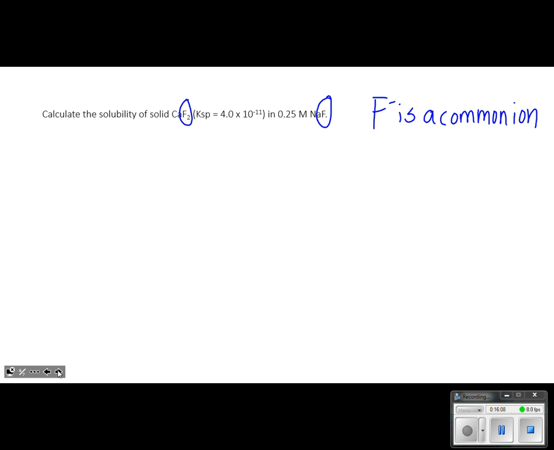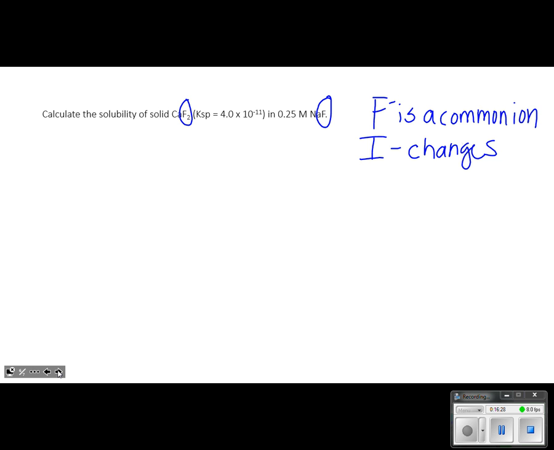And remember, anytime we have a common ion, the I changes. And what I mean is the I from ICE has to be a little bit different. It's not going to be like our normal problems where we have something for the reactant and nothing for both of the products. This time we're going to have something.